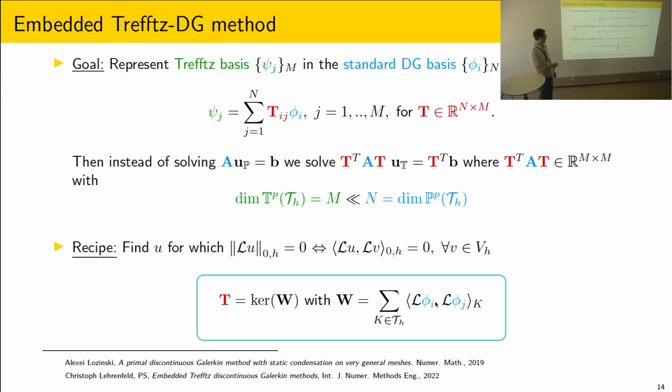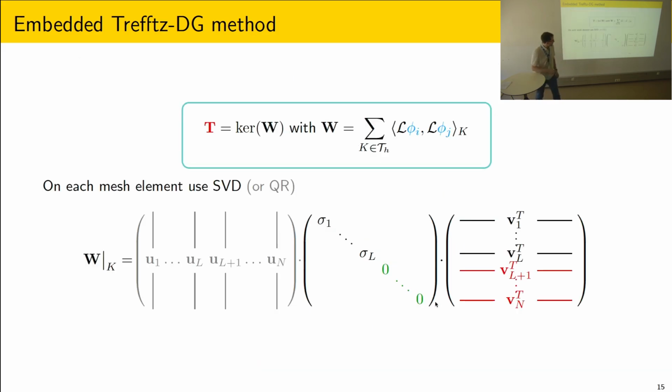The recipe for this is, of course, that we want the operator L applied to our U to be equal to 0, which is equivalent to testing with any V. So L of U and L of V has to be 0, and this we can put into our bilinear form. This element-wise bilinear form, we then need to find the kernel of. And finding the kernel we can do, as I mentioned, with a singular value decomposition and looking at the 0 singular values.